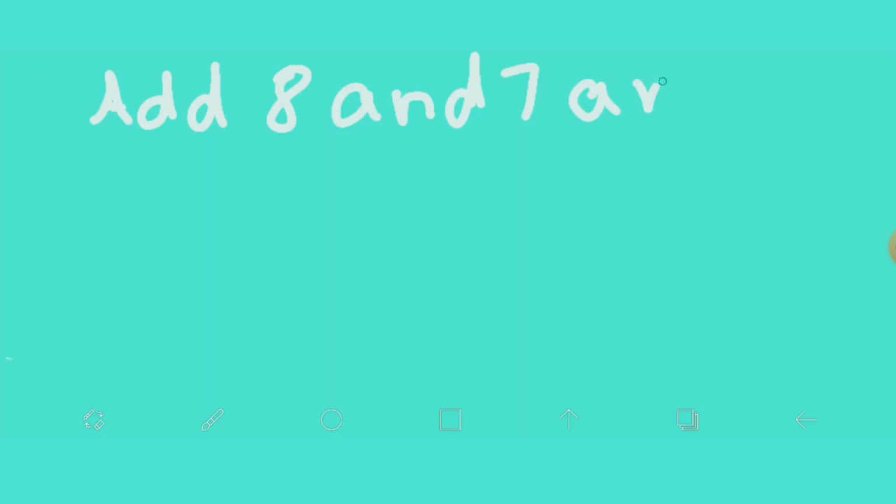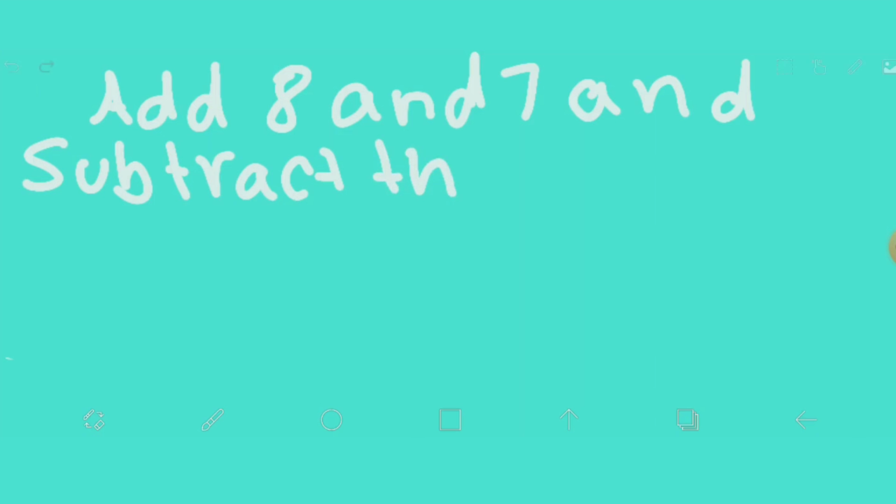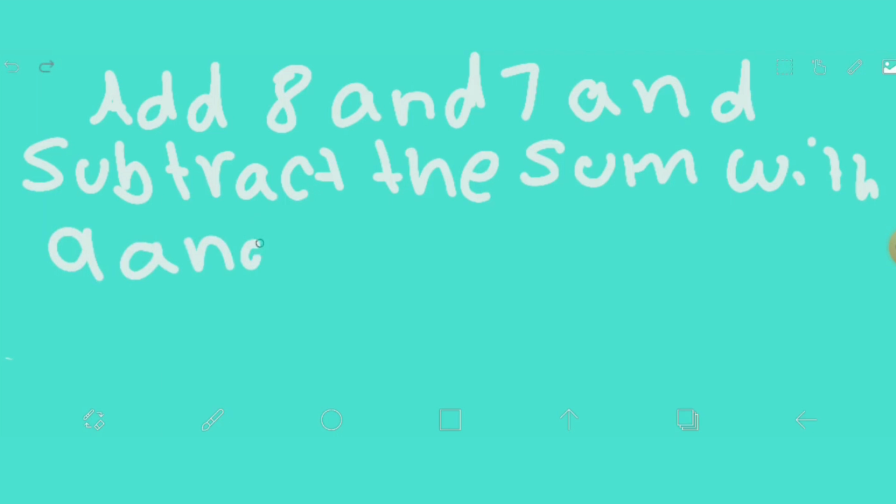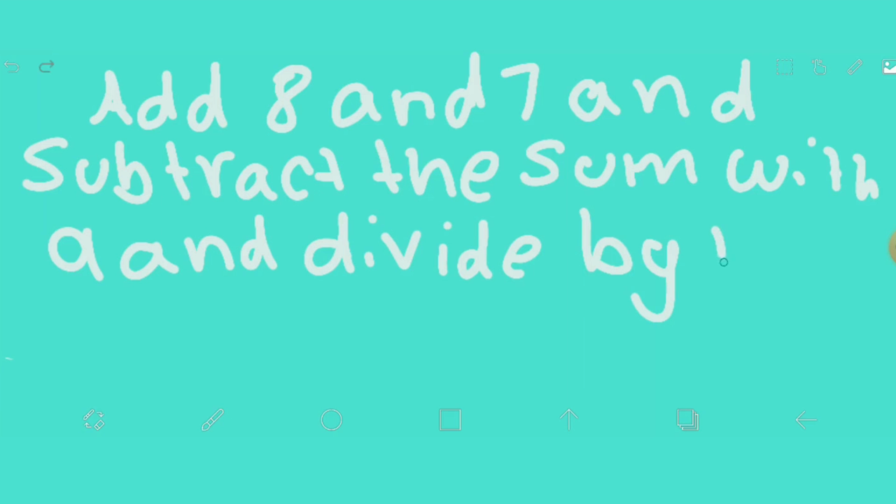So the question is, add 8 and 7 and subtract the sum with 9 and divide by x.